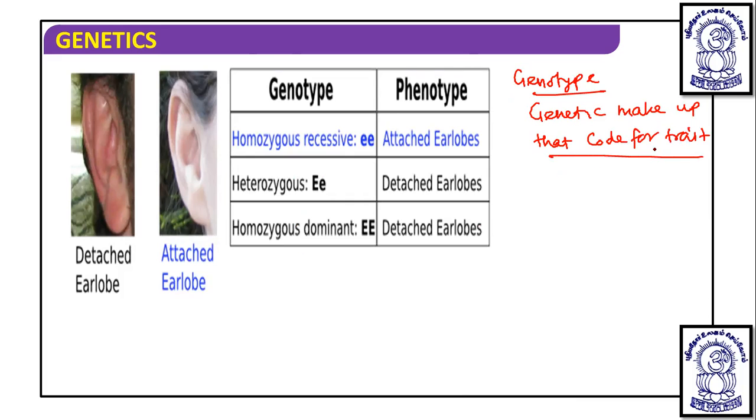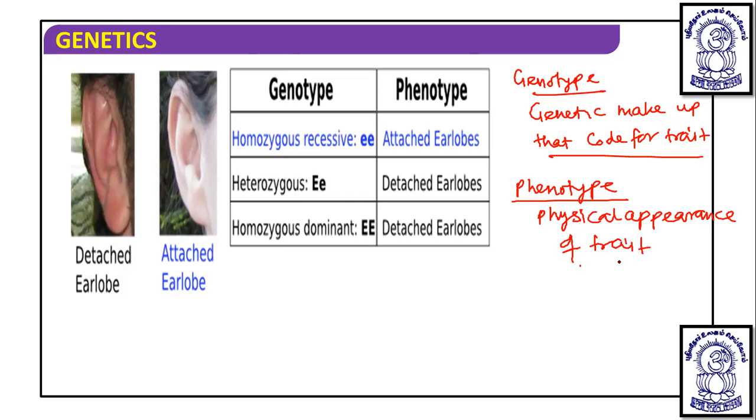And if we talk about a phenotype, phenotype is the physical appearance of a trait. So what is physically seen, either tall or dwarf, that is phenotype.